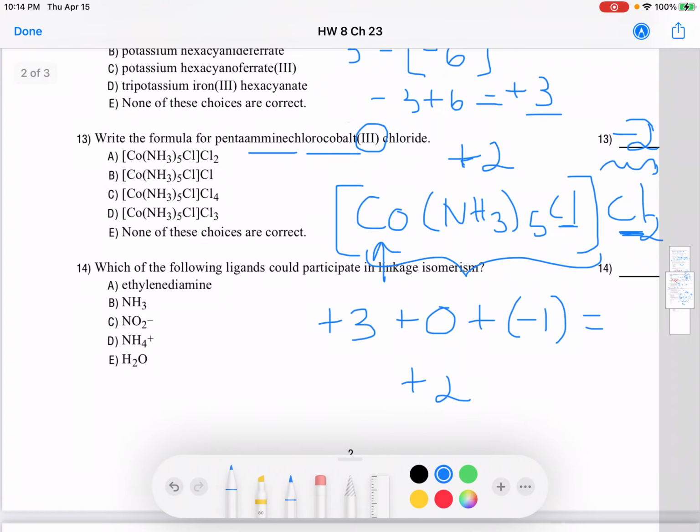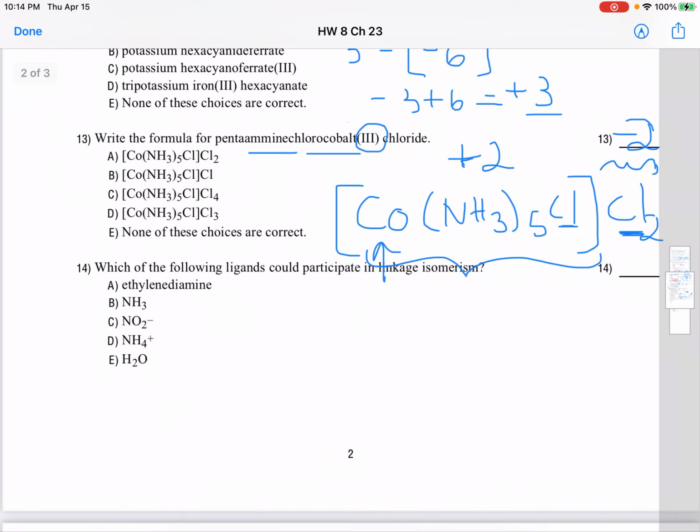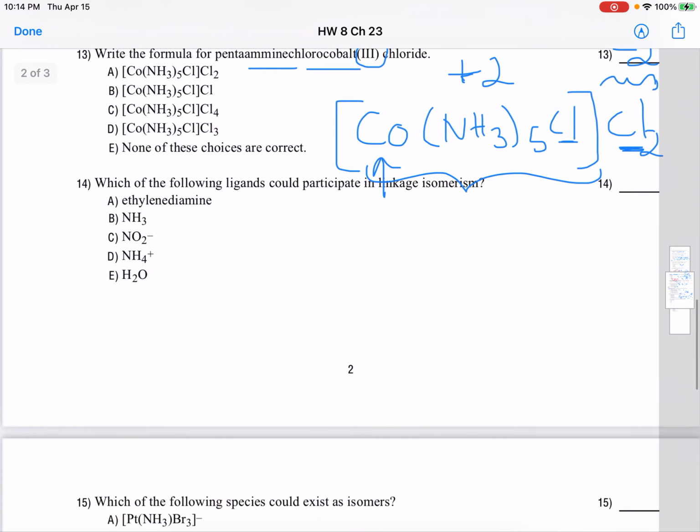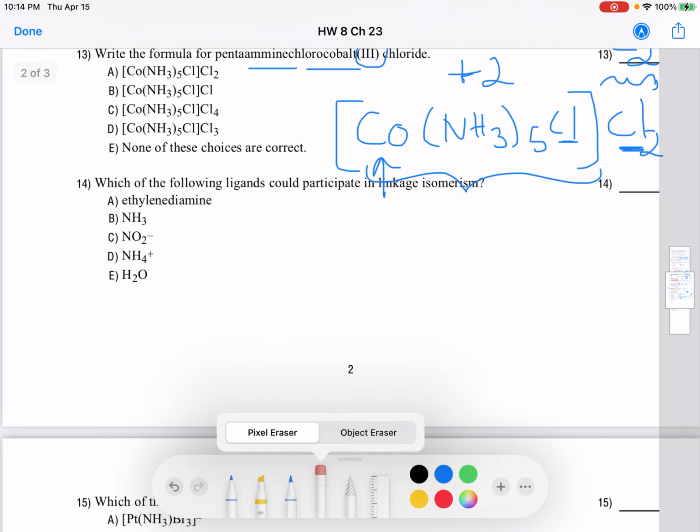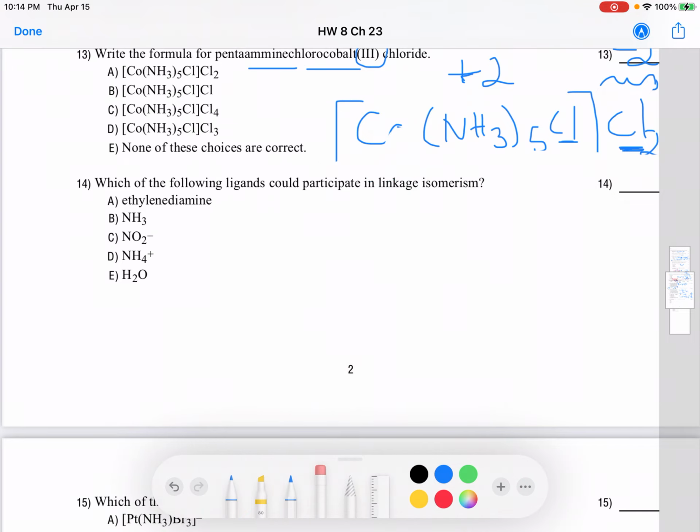The next one, number 14. Which of the following ligands could participate in linkage isomerism? Linkage means that in the same ligand there are 2 places it can participate in coordination, one at a time.